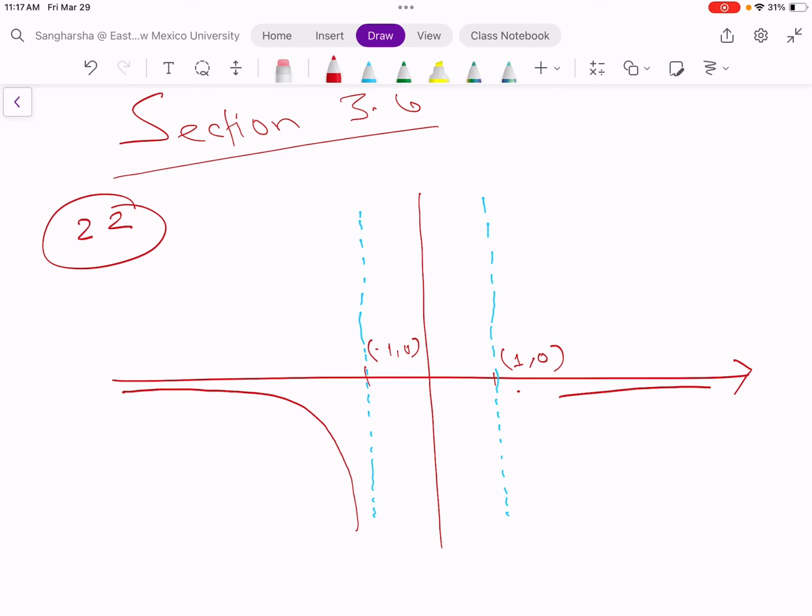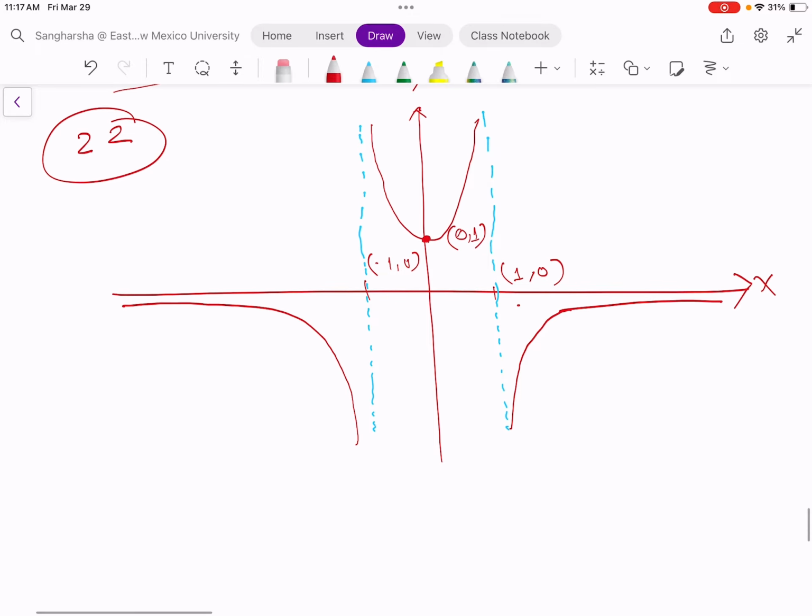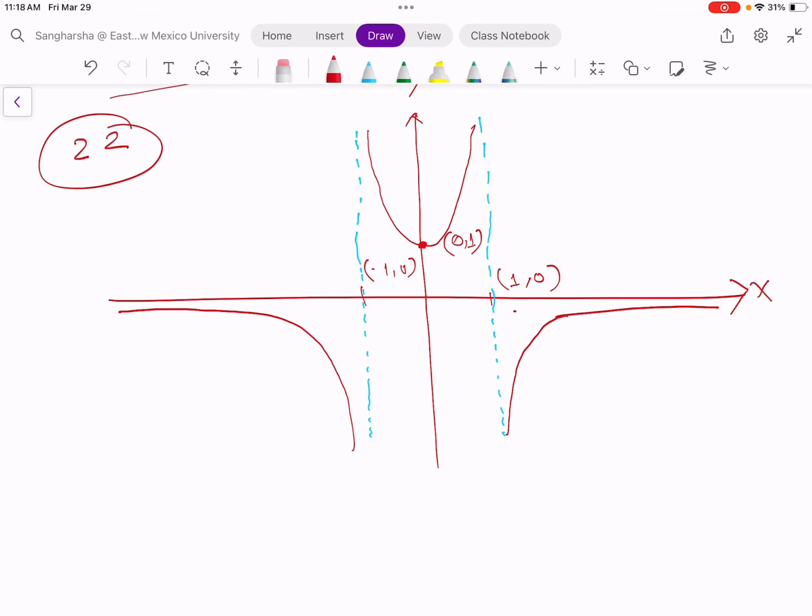So this is the graph. Here, this point is 0, 1. This is the x-axis, this is the y-axis. So you will be given a graph for some rational function.